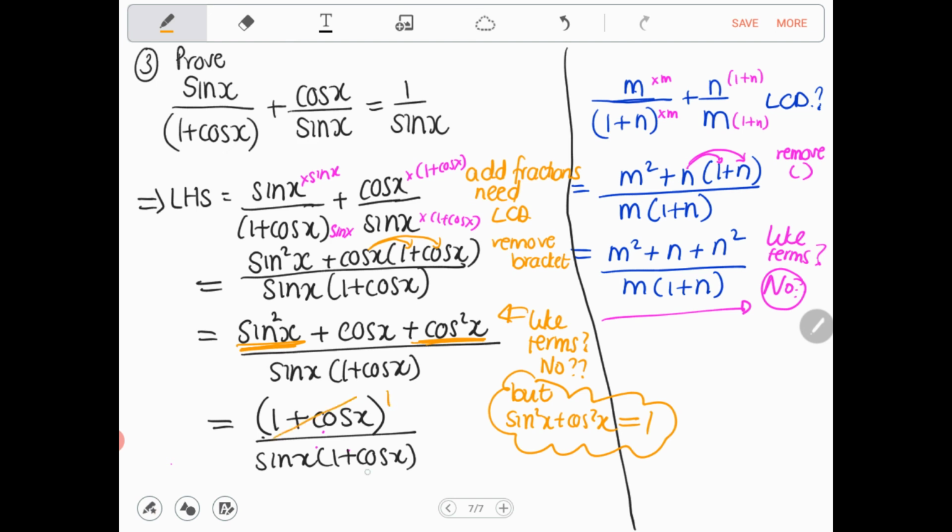That goes into their ones, and that goes into their ones, because it's one term over one term. So I'm allowed to cancel. And that is equal to 1 over sine x. And where do you see the 1 over sine x? There it is on the right-hand side. So I've proved that the left-hand side is equal to the right-hand side.